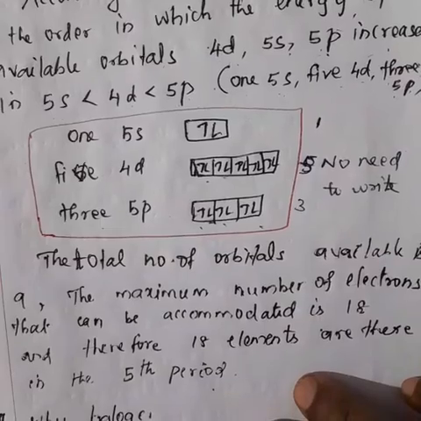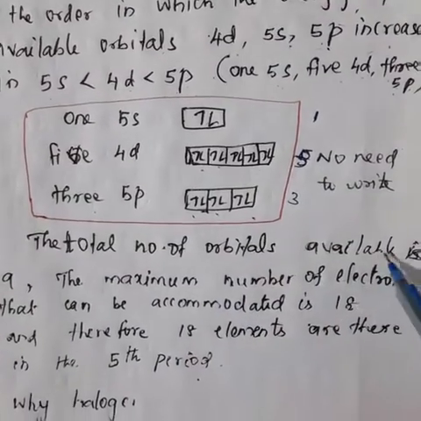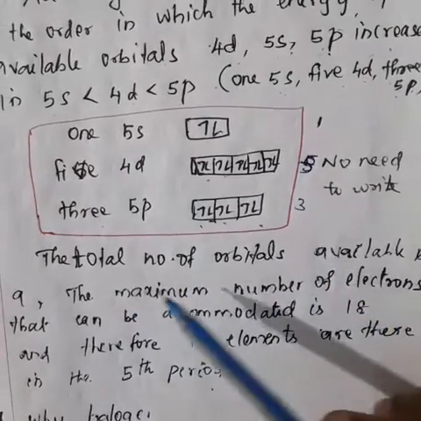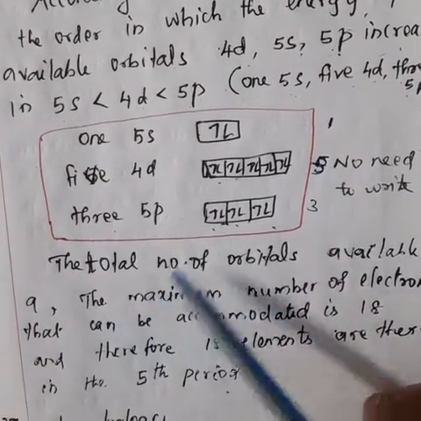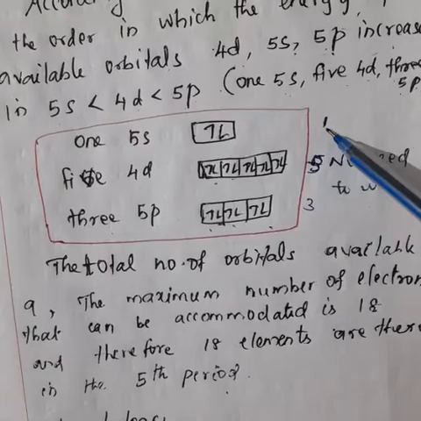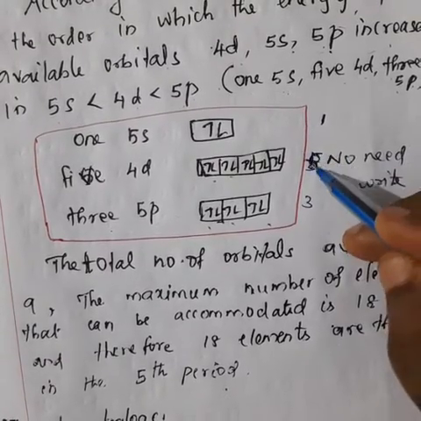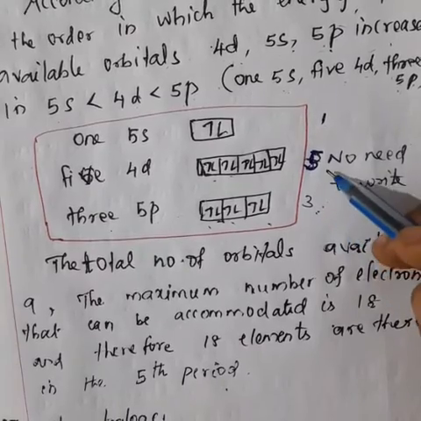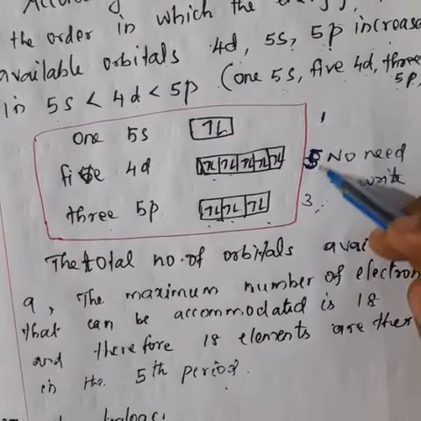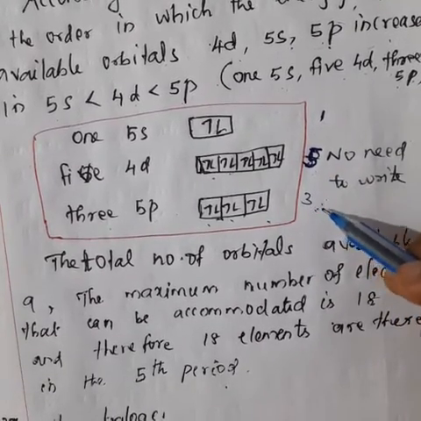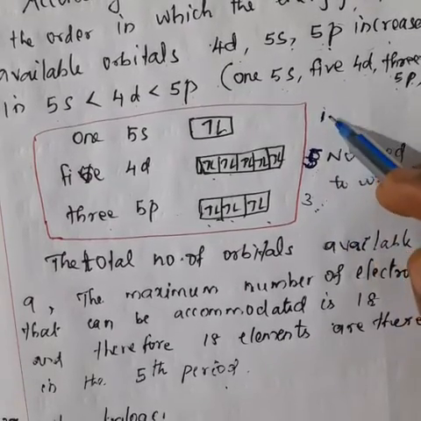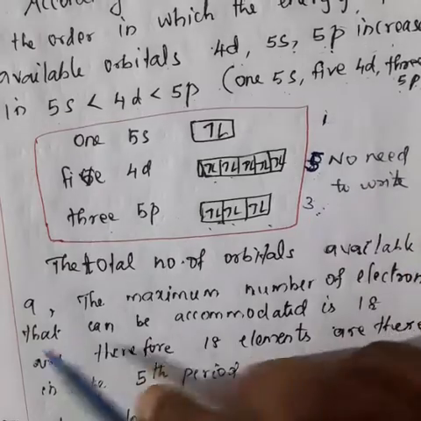So the total number of orbitals available is 9: 1 plus 5 plus 3 is 9.